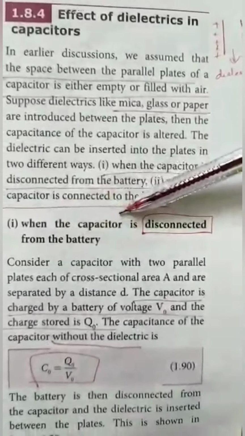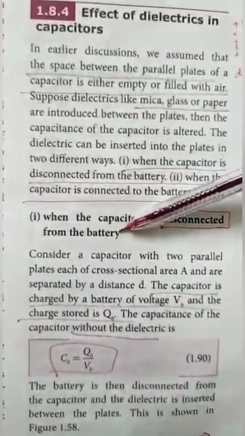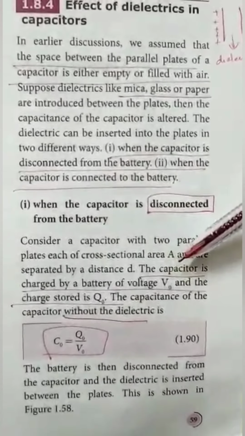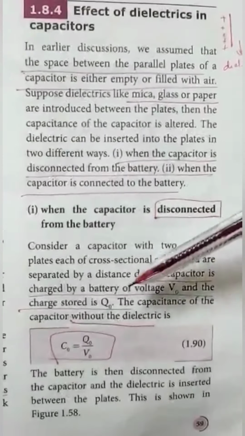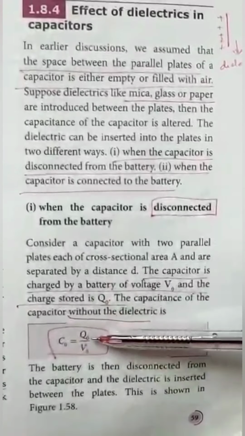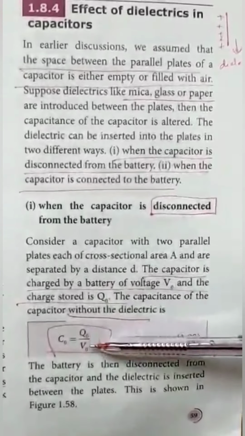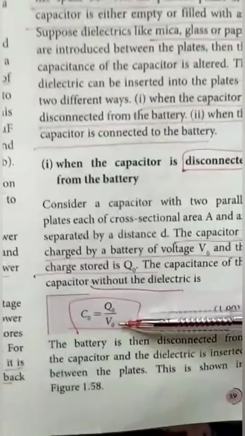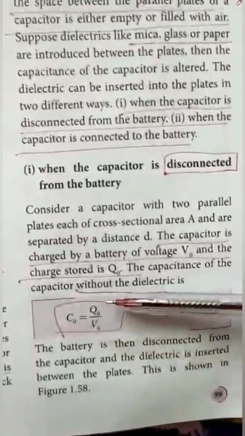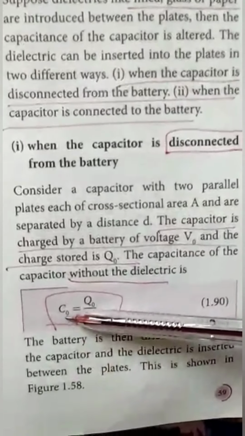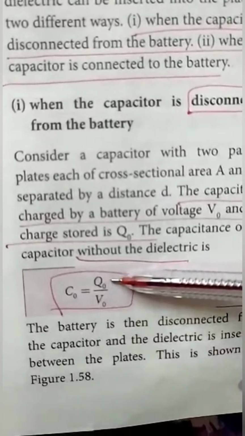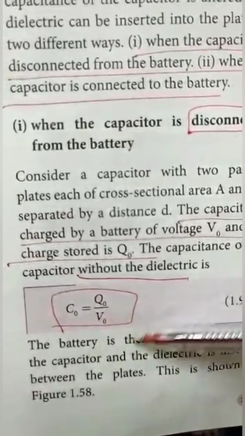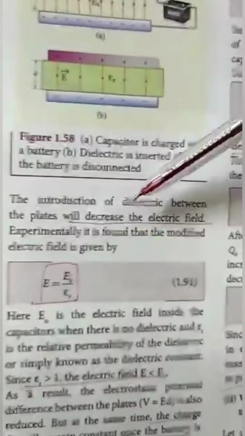The first one is when the capacitor is disconnected from the battery, and here before insertion of the dielectric, that is without the dielectric, the capacitance is C naught, which is given by Q naught by V naught. This naught means before introducing the dielectric. So C naught is equal to Q naught by V naught, where C naught is capacitance, Q naught is the charge, and V naught is the potential difference. So this is before introducing the dielectric.